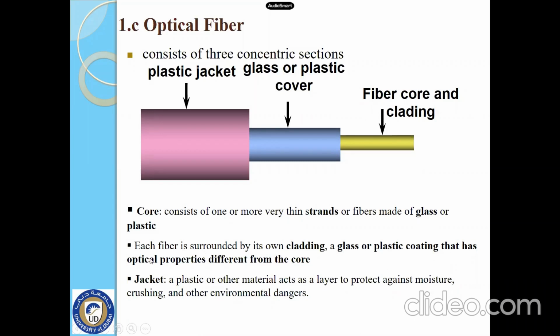It has to have different optical properties from the core, because it goes back to the science of critical angle in order to have the light fully reflected. Here the signal is the light reflected over the edges, so you need different mediums in order for the light to be reflected. Then we have the jacket. It's a plastic or other material that acts as a layer of protection. So here's the jacket, just for protection against moisture, crushing, and other environmental dangers.